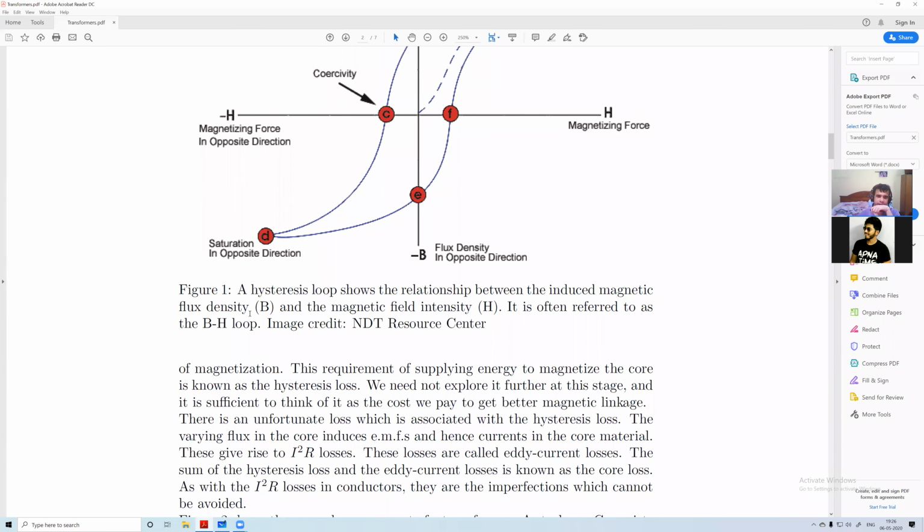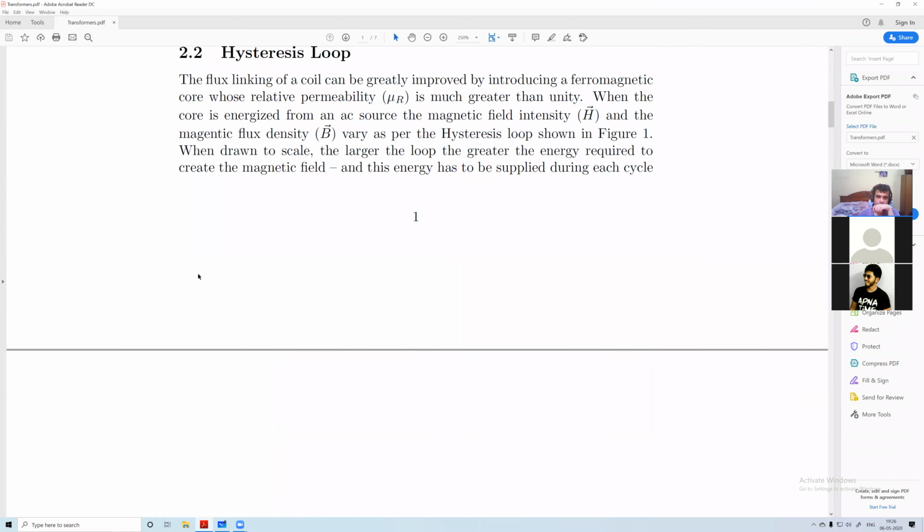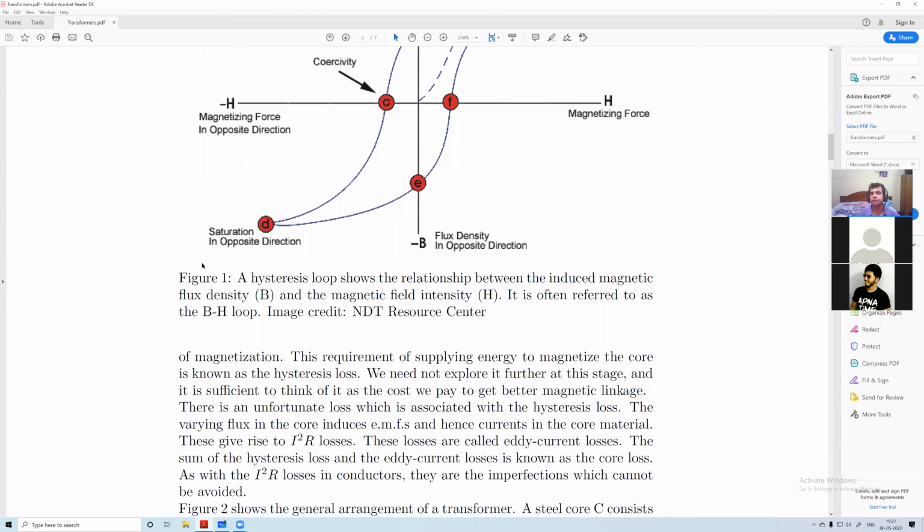So we need some energy to magnetize the core, as you can see here. Right, so this is the hysteresis loss. And what is eddy current?